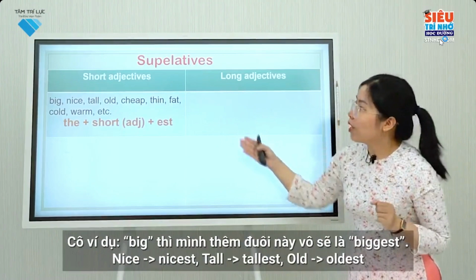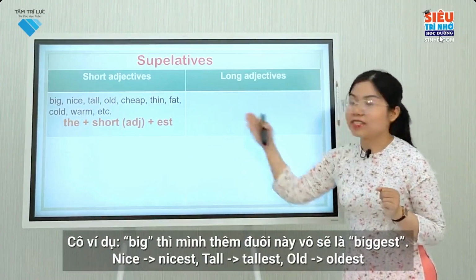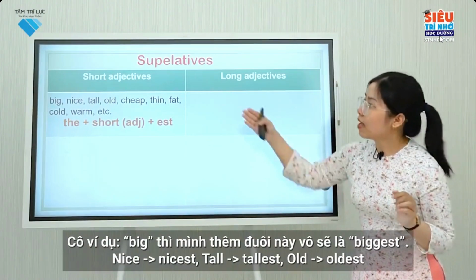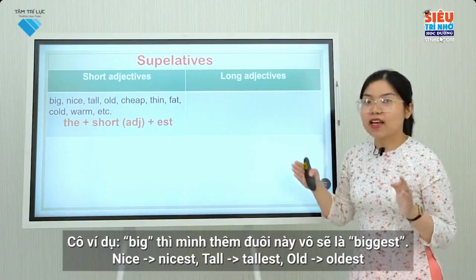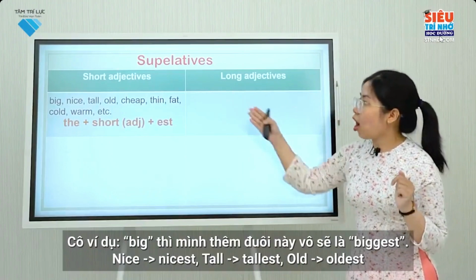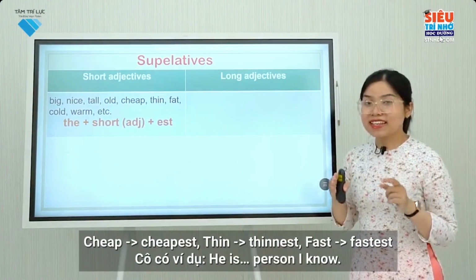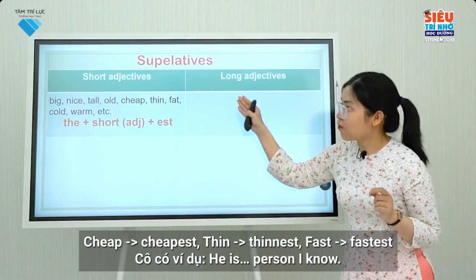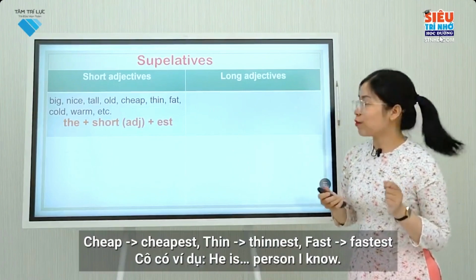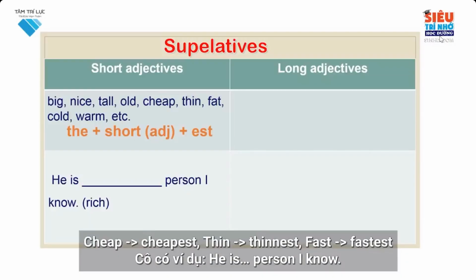I have examples. Big changes into biggest. Nice, nicest. Tall, tallest. Old, oldest. Cheap, cheapest. Thin, thinnest. Fast, fastest. I have an example. He is ___ person I know.